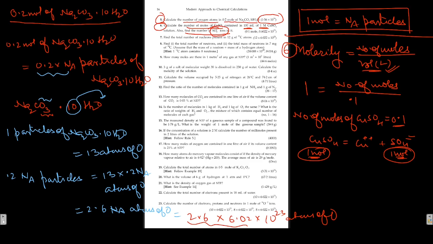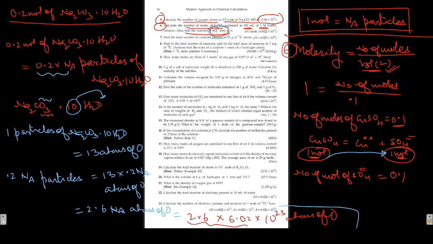So the number of moles of sulfate is again 0.1. If 1 mole produces 1 mole of this one, then 0.1 mole will produce 0.1 mole of this. Now we do not have to calculate the moles of sulfate, we have to calculate the ions of sulfate.